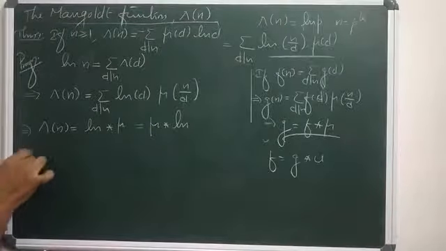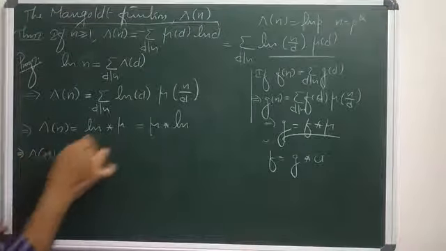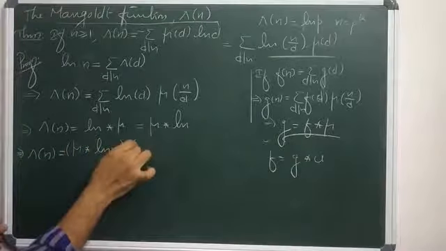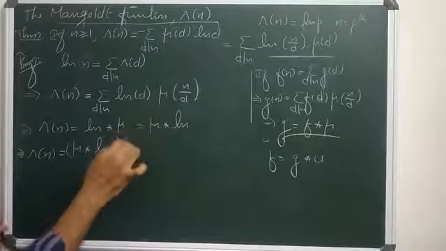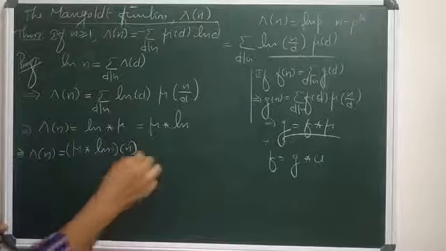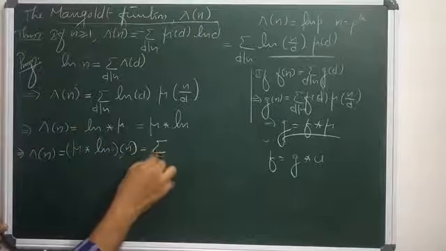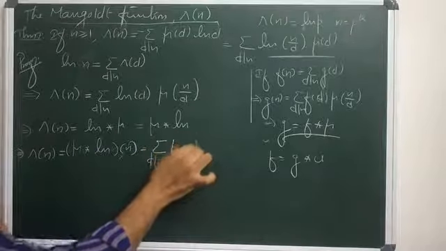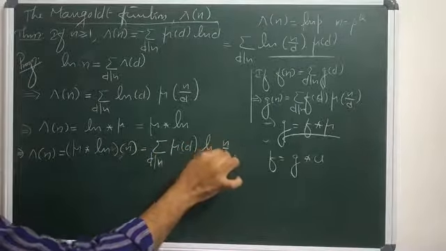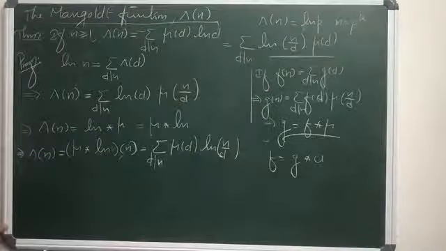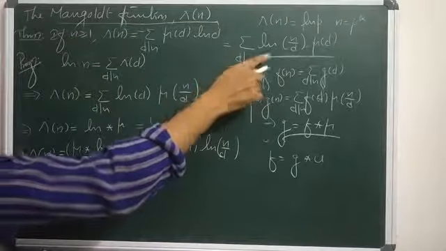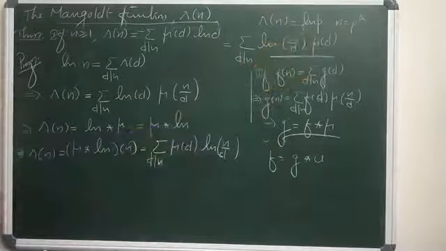That means Λ(n) equals (μ * log)(n), which equals Σ_{d|n} μ(d) log(n/d). That is what we require here. That's our first requirement: for n ≥ 1, Λ(n) equals Σ_{d|n} μ(d) log(n/d).